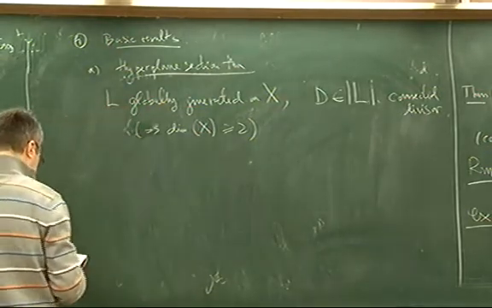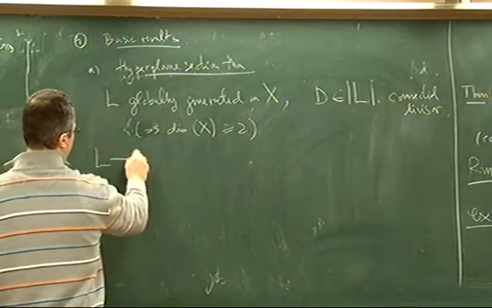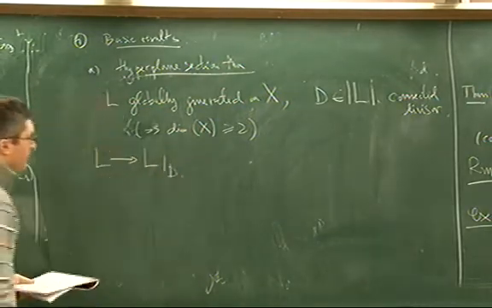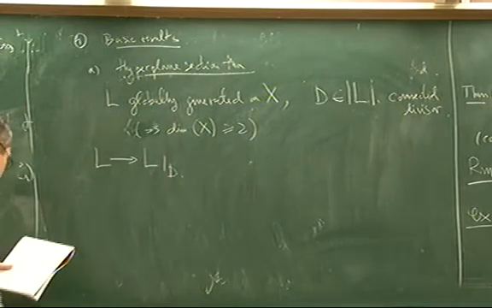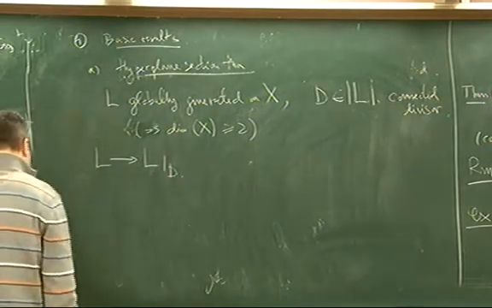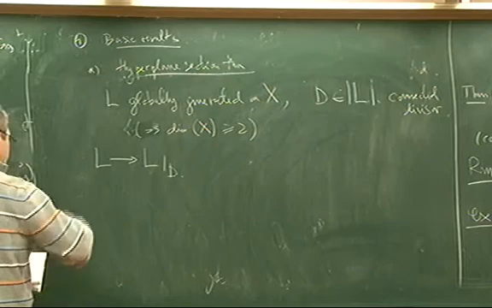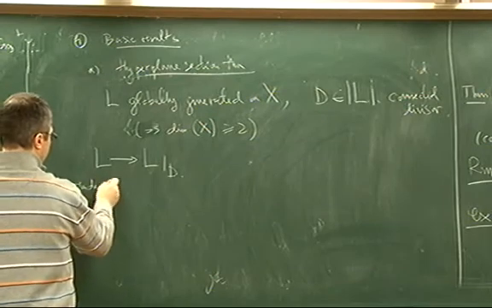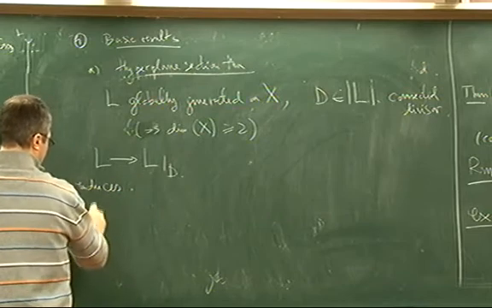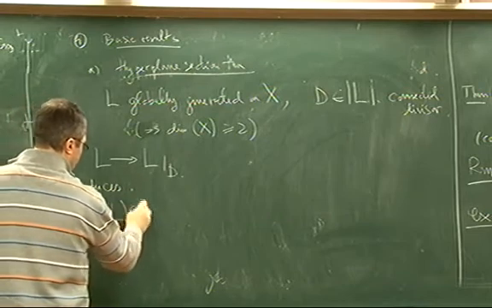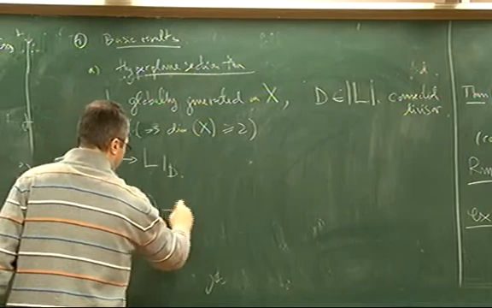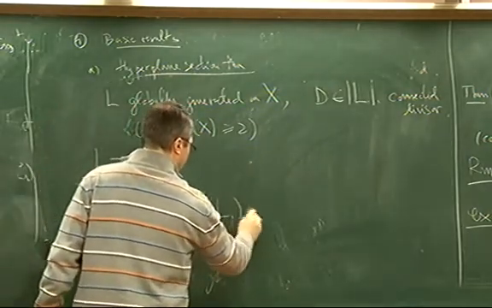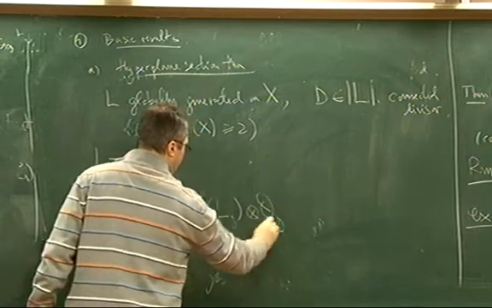We have this restriction map of L to D. And we also have restrictions of sections. So this restriction map will induce a restriction from H0 L tensor OX to H0 L_D tensor OD.